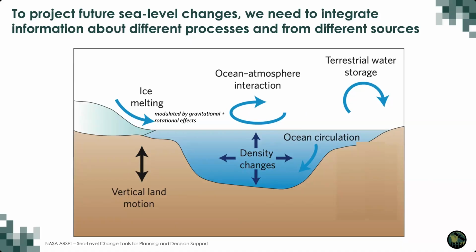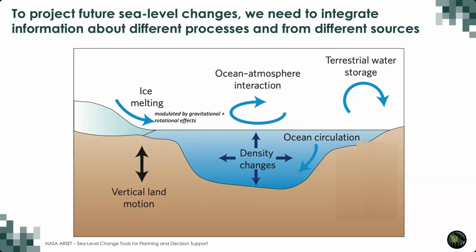Processes like the expansion of the ocean as it takes up heat and the shift in the height of the ocean as fresh water moves around within it. The processes like changes in ocean circulation, processes like ocean-atmosphere interaction driven by wind. All of those processes are ones that can be modeled reasonably well by global climate models.